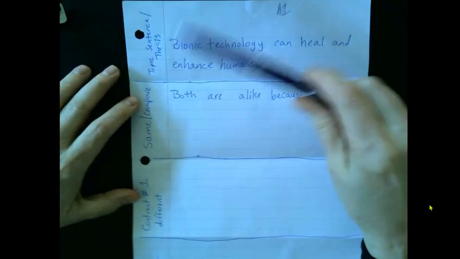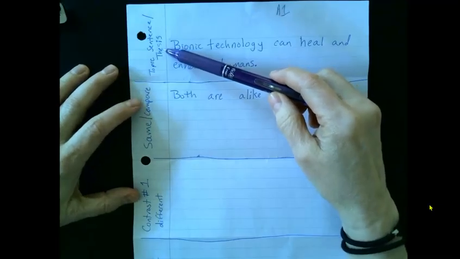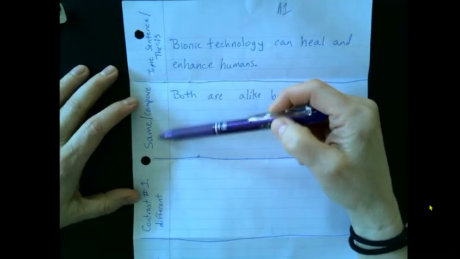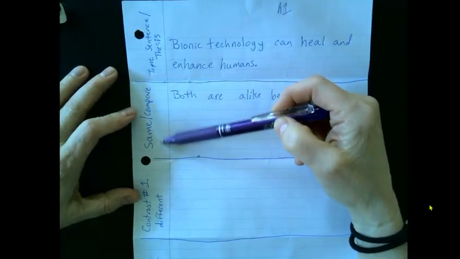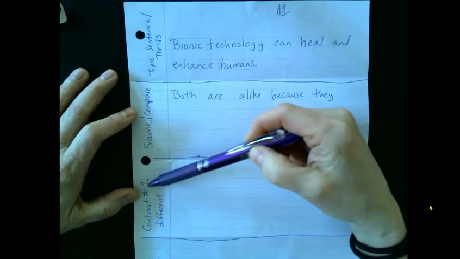Our first sentence is the topic sentence or thesis. The next sentence is the compare sentence, where we say something that's the same. The next sentence will be the first contrast sentence. And then our last sentence is going to be contrast sentence number 2.